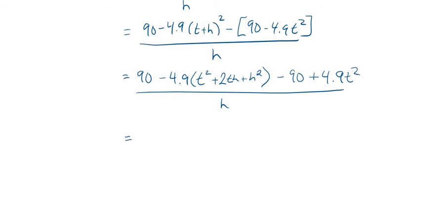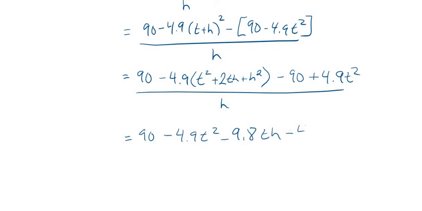Okay, next step, let's use distributive law and simplify the brackets in the middle. So 90 minus 4.9 t squared. That's going to be minus 4.9 times 2 is minus 9.8 th.